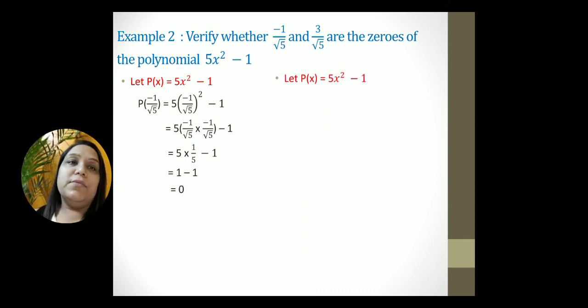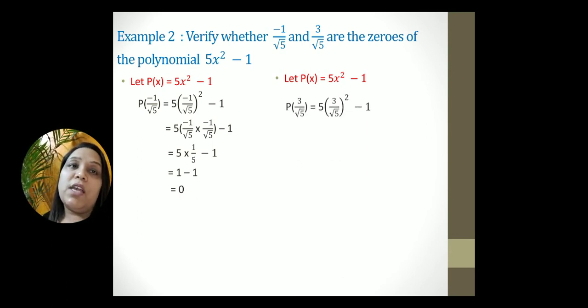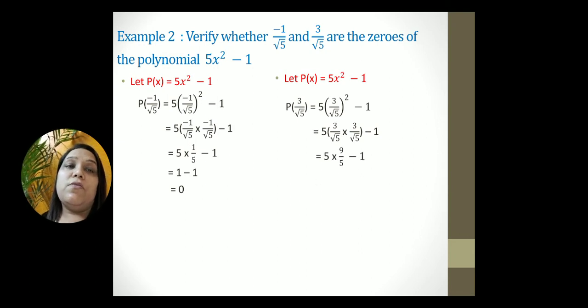Then we are checking for the next, 3 upon root 5. If we put 3 upon root 5, let's check what we will get. Again putting the value of x is equal to 3 upon root 5 and calculating, we get 5 into, again 3 into 3 will be 9, root 5 into root 5 will be 5, minus 1.